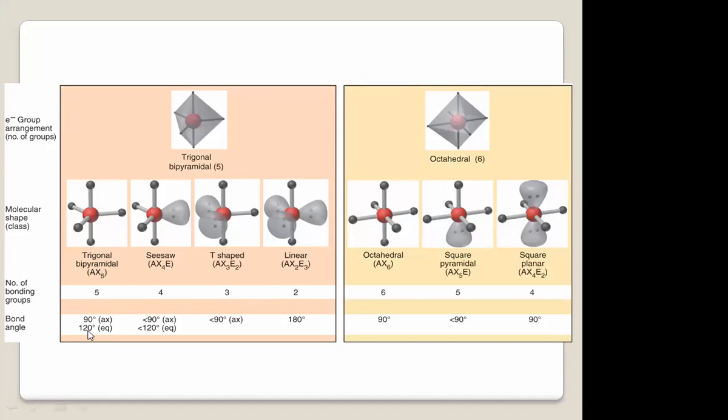You have 90, 120, 90, 120, but because the equatorial is removed to T-shape, then you have less than 90, then you have 180. These are less than 90, less than 120 because of the repulsion of these lone pairs of electrons.